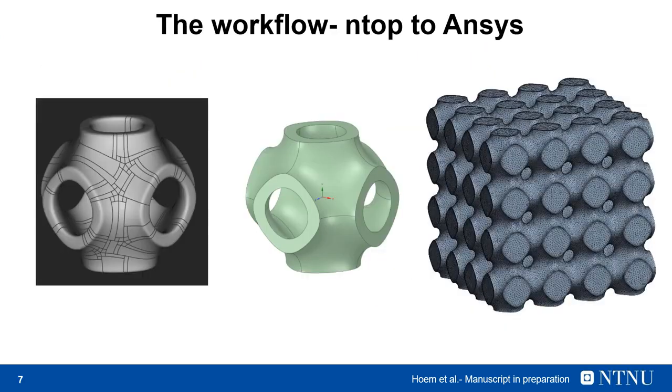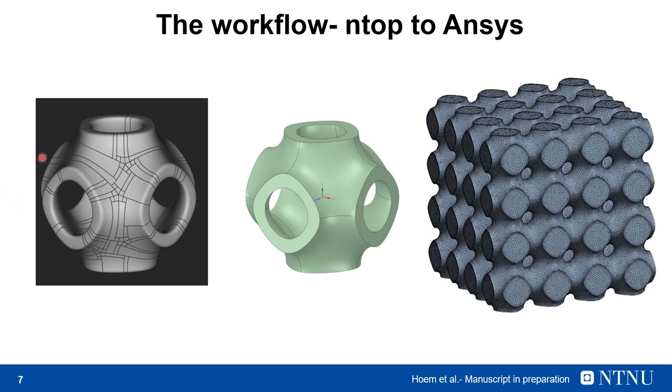The chosen software to calculate the electrical conductivity and the permeability is ANSYS. But first we needed to generate the structures. The software nTopology is specialized in generating mathematically defined structures.